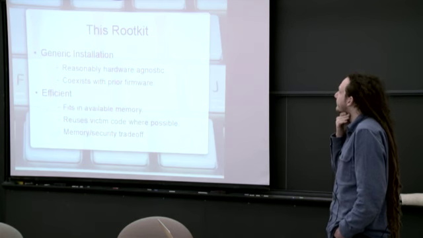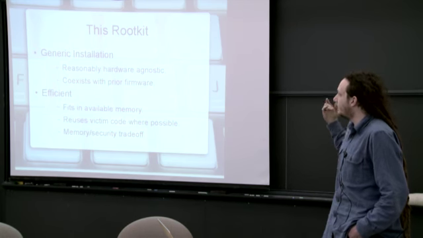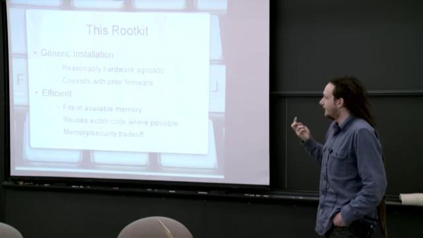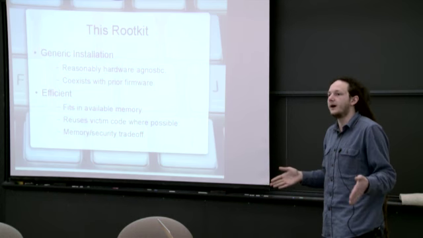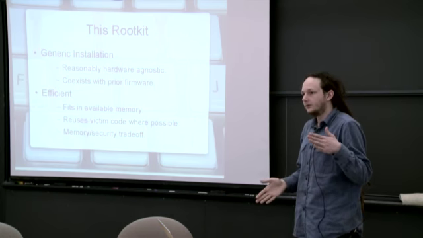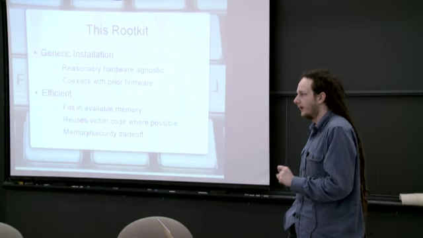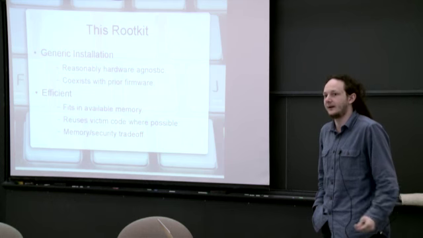So the installation can be made reasonably hardware agnostic, by which I mean it can hit every chip in the family because all of the compilers for this family follow rules that allow the code to be efficiently ported. And portability doesn't come for free on an embedded system.